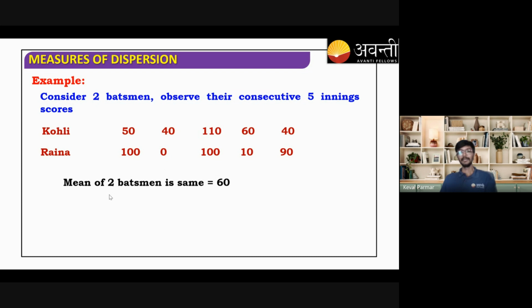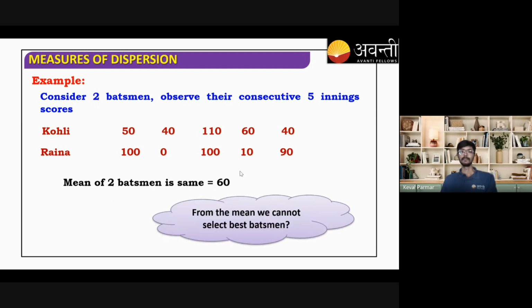If you calculate the mean of both the batsmen, it is the same, which is 60. But can we select, mean means average, can we select the batsman only on this information? No. Why?